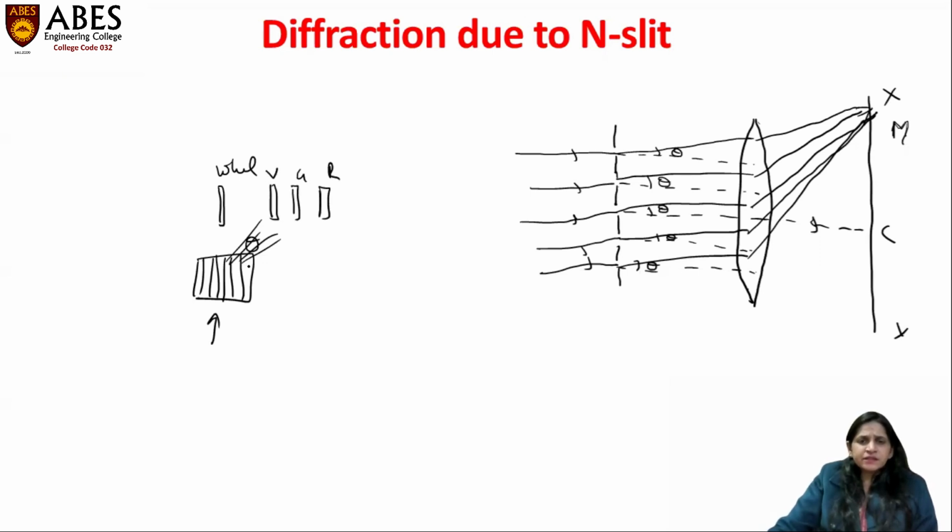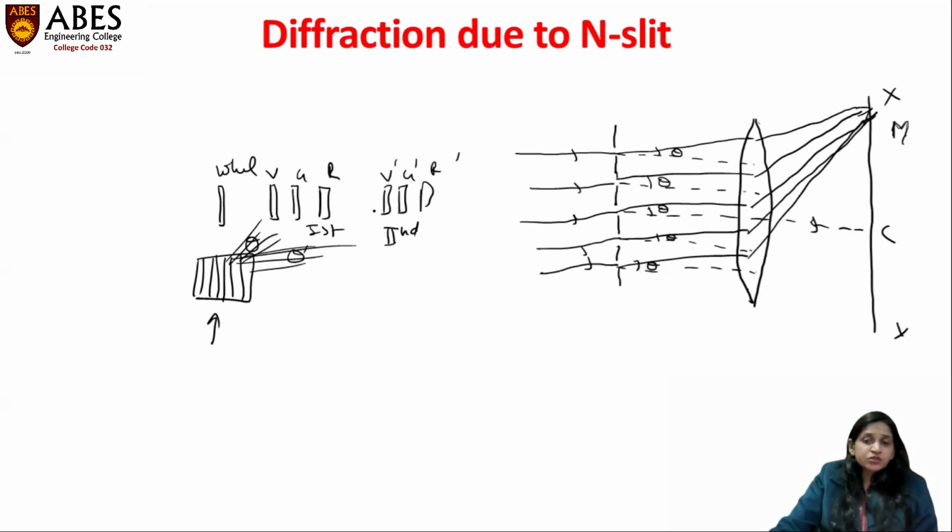It is not necessary that the light may bend only at angle theta. It can also bend at angle theta dash. Again we are going to get the VIBGYOR, violet, green to red dash. So this is first order and this is second order. Which intensity will be more, first or second?